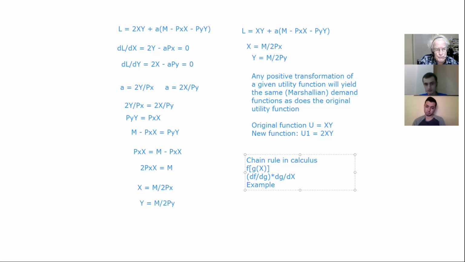So here's an example. Suppose that g is equal to xy. And then f is equal to 2g.